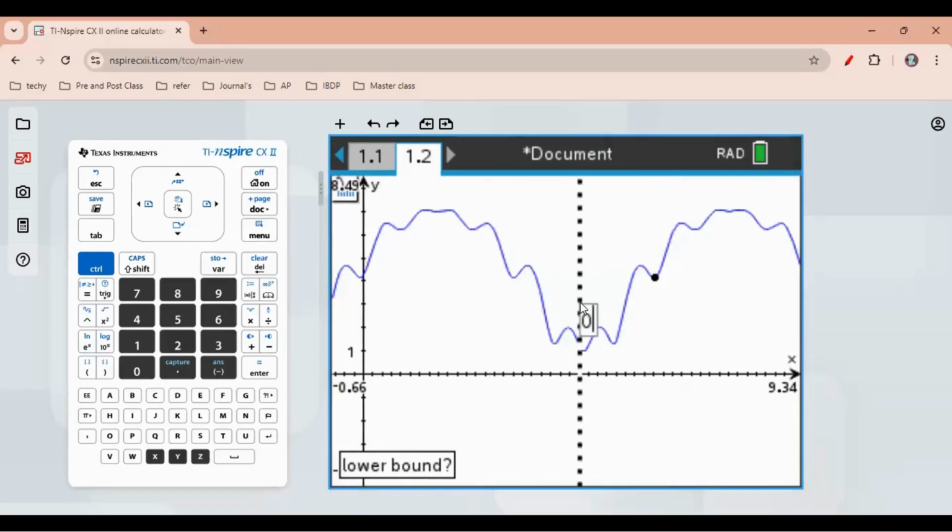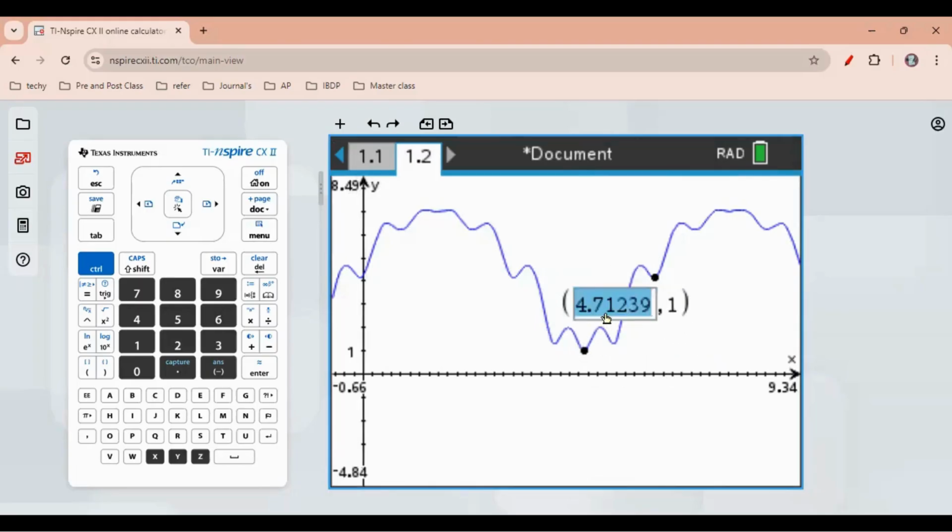Lower bound is 0, upper bound is 10. So it shows the minimum 4.71239, 1. This is the minimum value, right? So that is your value of t, 4.71. That's simple.